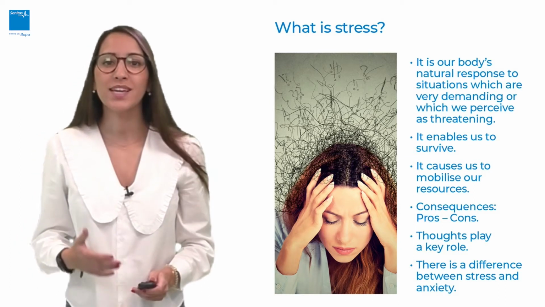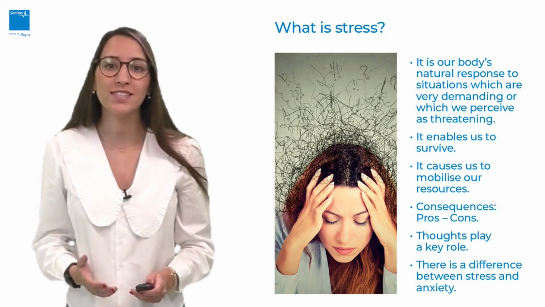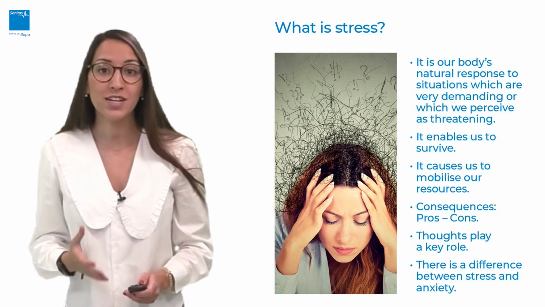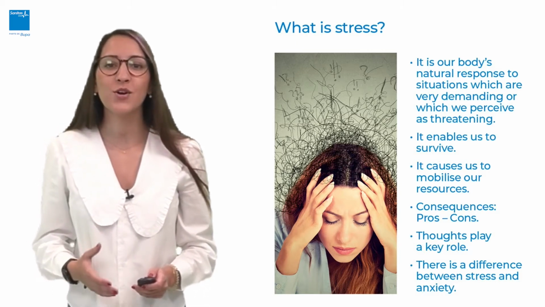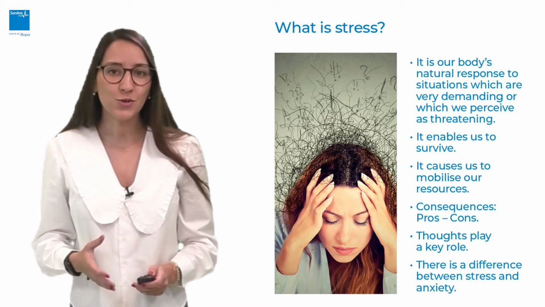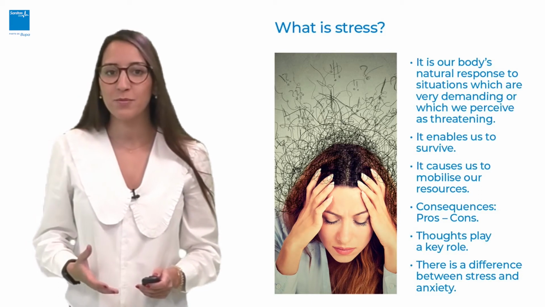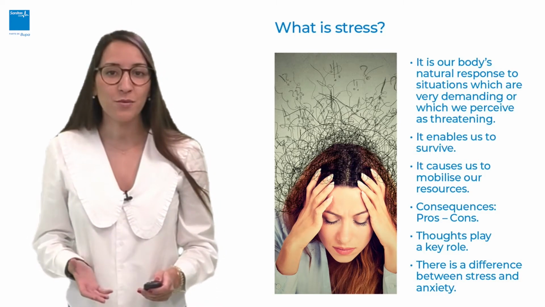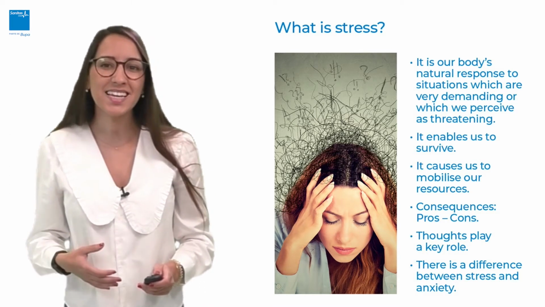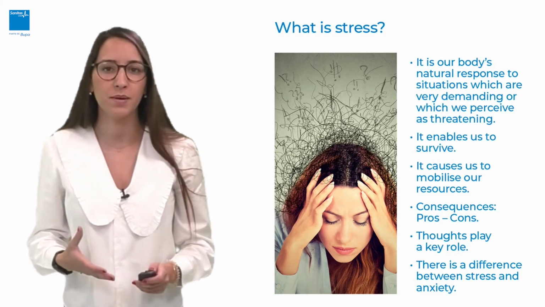There is something called irrational thoughts, which lead us to interpret that there is a threat when there is none. One example of irrational thinking could be what's known as catastrophizing, meaning seeing situations from a catastrophic perspective. For example, if your son is a few minutes late coming home after meeting up with friends, thinking he's had an accident and something serious has happened to him.